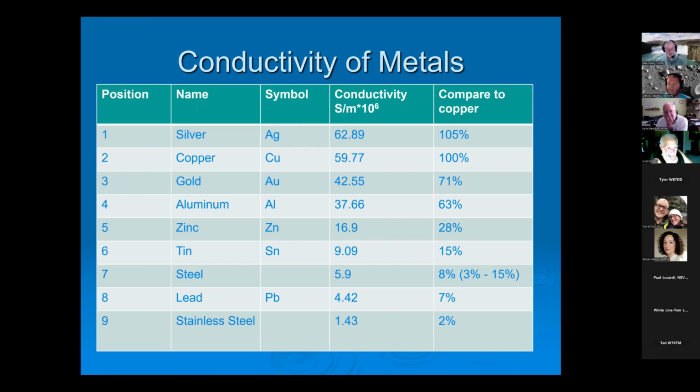Tin and lead are not very good conductors, and we'll get into how they get used, that they actually save our bacon pretty well. But steel is not a good conductor, so you don't want to use large amounts of steel in whatever application you're using for conducting electricity.